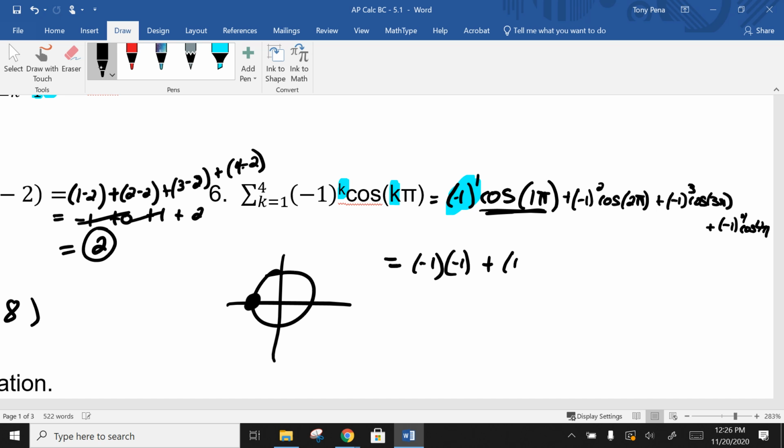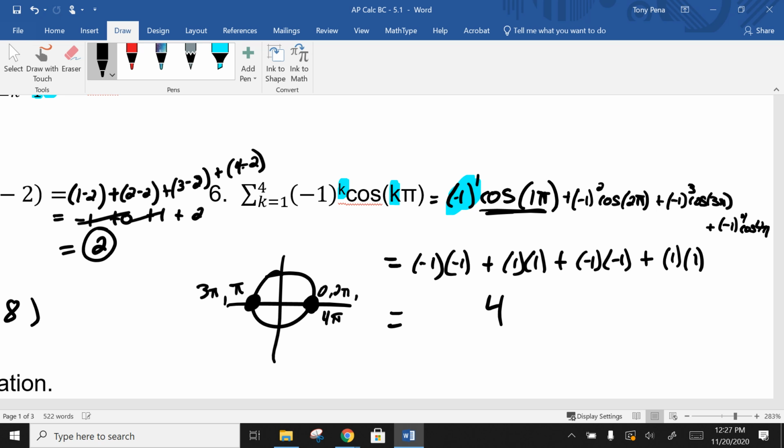Plus, the -1 gets squared for the next term, so we're going to get a 1. 2 pi is right here, so the x coordinate at 2 pi should also be a +1. -1 cubed is a -1. 3 pi, the x coordinate over there, is -1. We start to see the little pattern. -1 to the 4th would be a +1, and 4 pi is also at that same point, so that would have a value of 1 also. So all of them give you a 1. Add them all up, and you should get a 4.